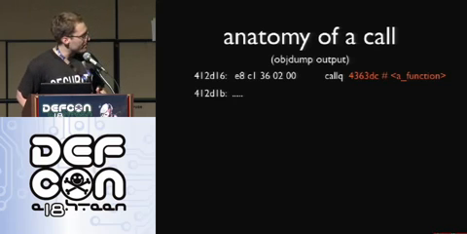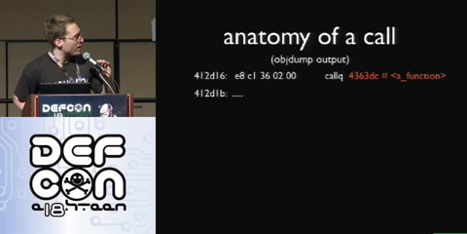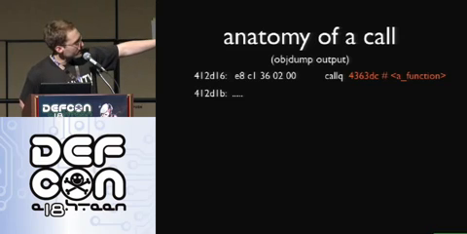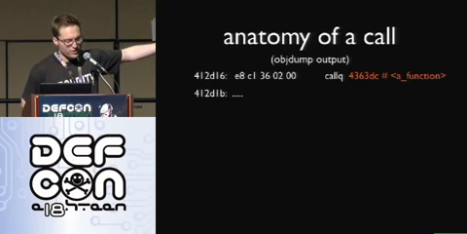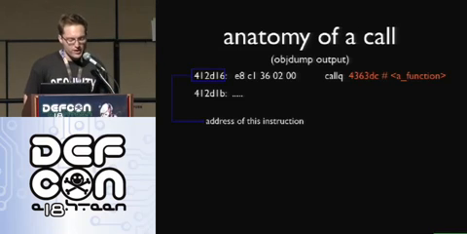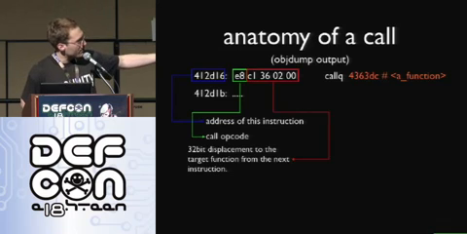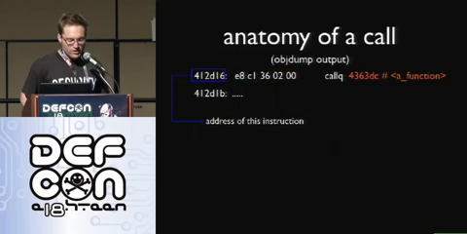Well, we can do an anatomy of a call instruction and get a better idea of what's going on. This is just objdump output, and as you see on the right, there's a call instruction, and it's calling the function a_function, and the address that it lives at is 4363DC. So the way that's calculated is, in objdump, this is the address of this instruction, this is the call opcode E8, and then the 4 bytes after it are the 32-bit displacement to the function you're trying to call.